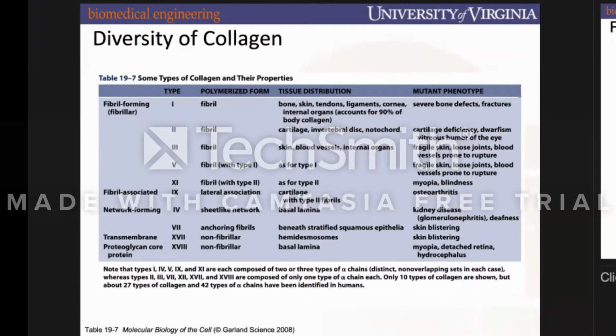What's also interesting is if you look down to the more recently discovered collagens, type 27 and type 28. Type 27 is considered a transmembrane collagen. There are often orphan proteins or orphan receptors that people are still discovering in cells.